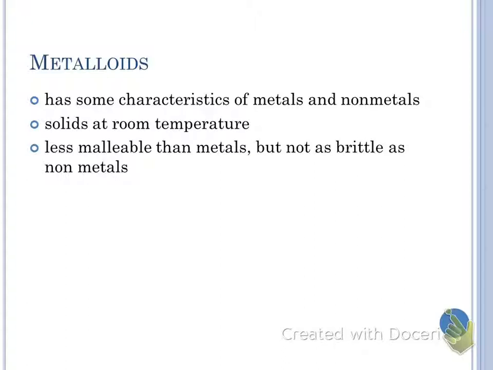And they're kind of in between on their ability to be put into sheets or breaking or anything like that. So they're kind of malleable sometimes, but they're not as brittle as nonmetals. Okay, so you might be able to work with them a little bit.